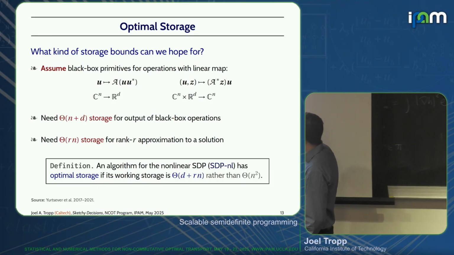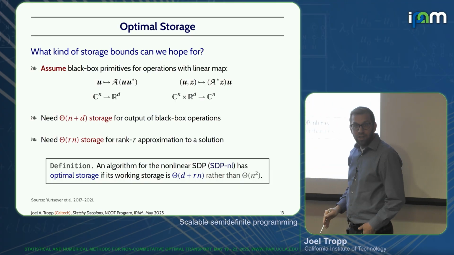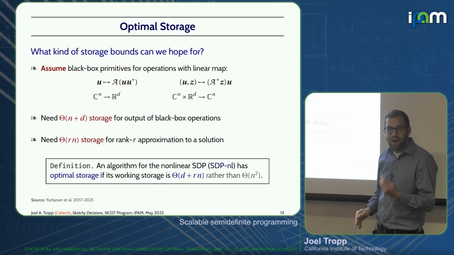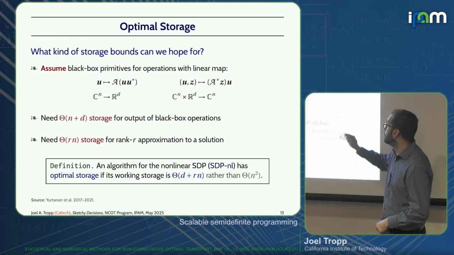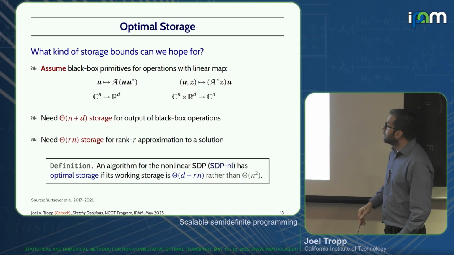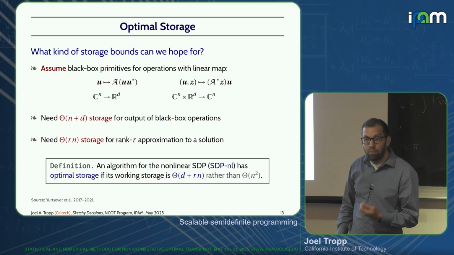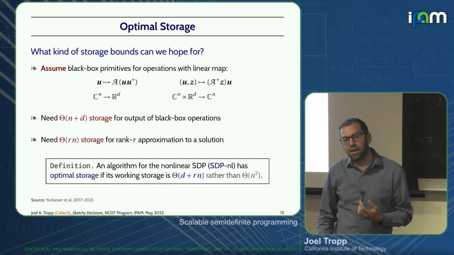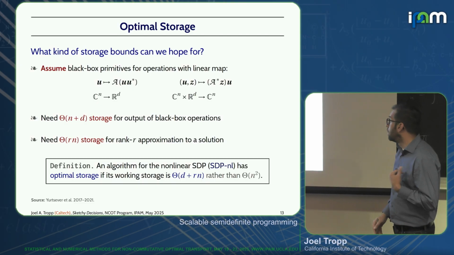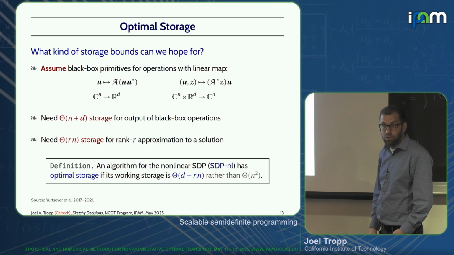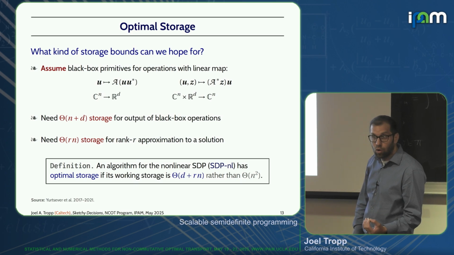Now you need m plus d storage for the output of these operations, and so you're never going to do better than that if these are the primitives used to interact with the linear map. Second of all, if we're reporting a rank R matrix as the output of our algorithm, it takes about order Rn numbers to write down that low-rank solution. So we're never going to do better than Rn storage just to report the output.